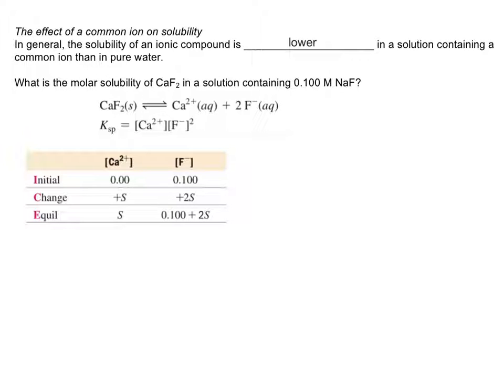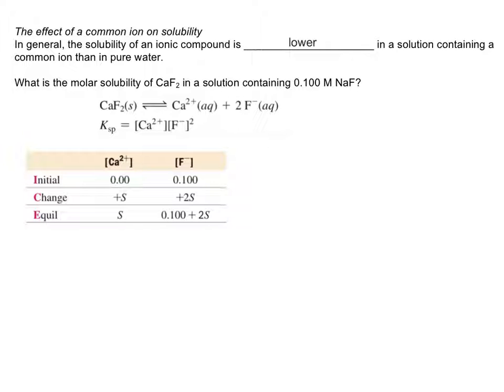Our change is going to be the same. We're going to have one calcium ion form for each one that dissolves and 2 fluoride, so it'll be plus s and plus 2s, which gives us equilibrium concentrations of s for the calcium and 0.1 plus 2s for the fluoride.